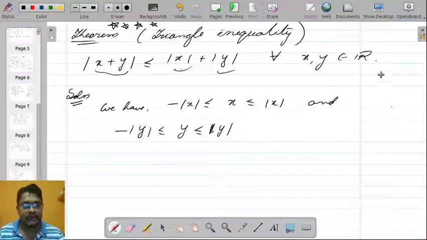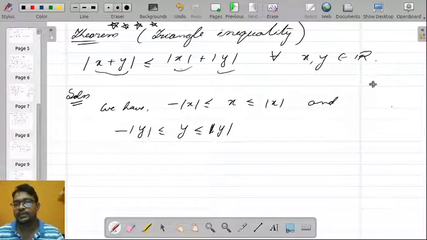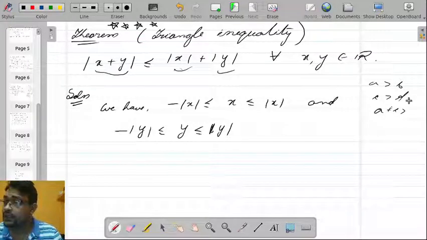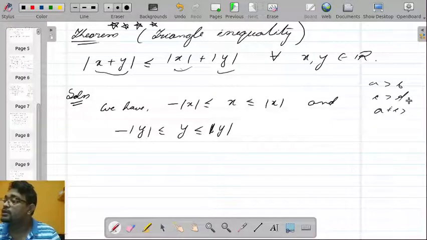So we can add these. In our properties of inequality we had already done that if a is greater than b and c is greater than d, then a plus c is greater than b plus d. I think it was listed here also.